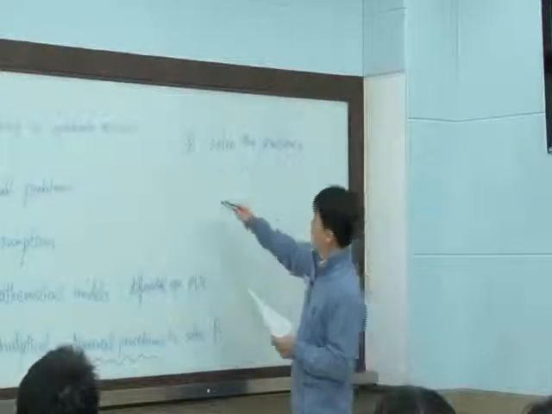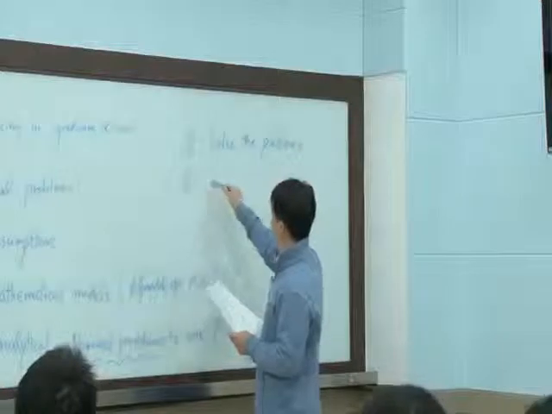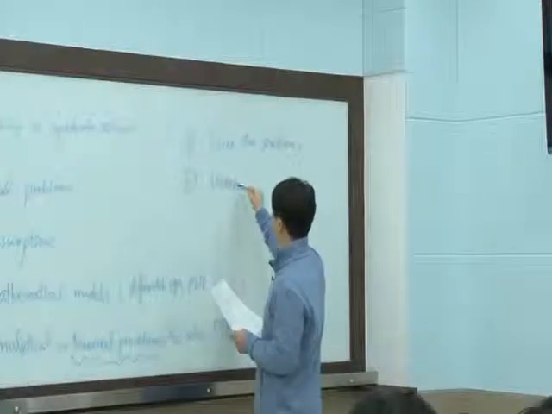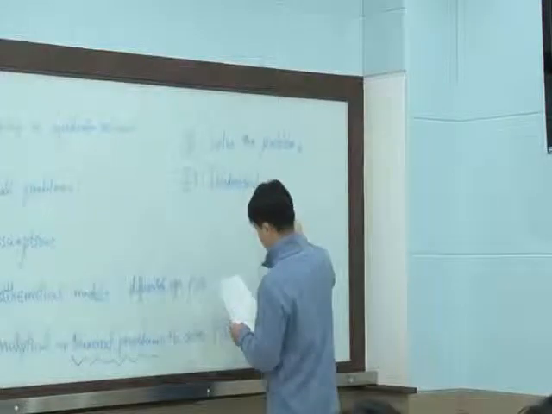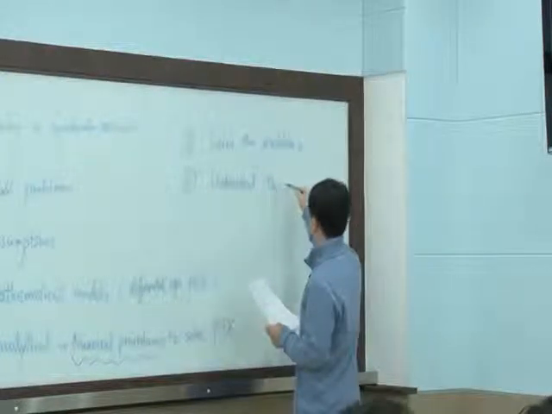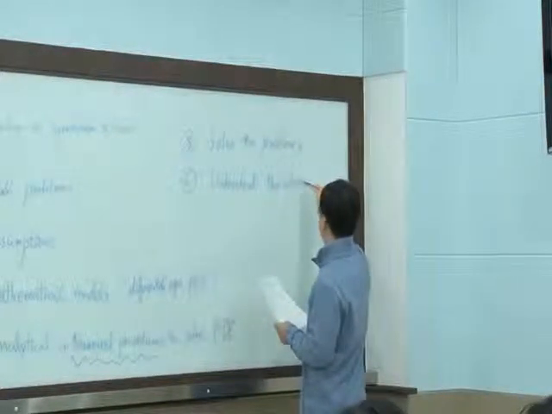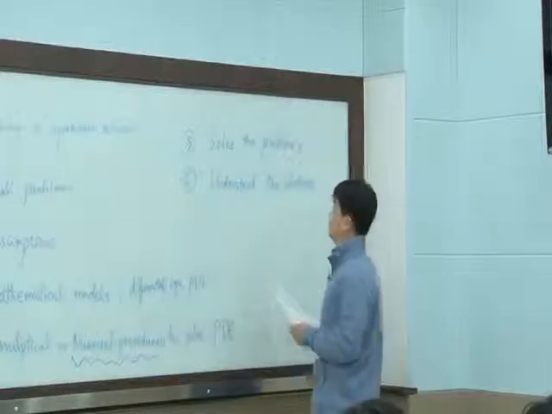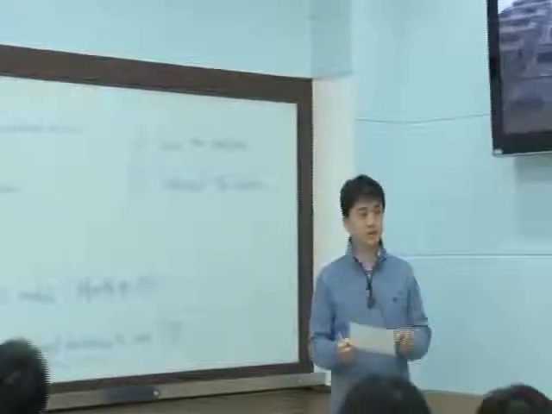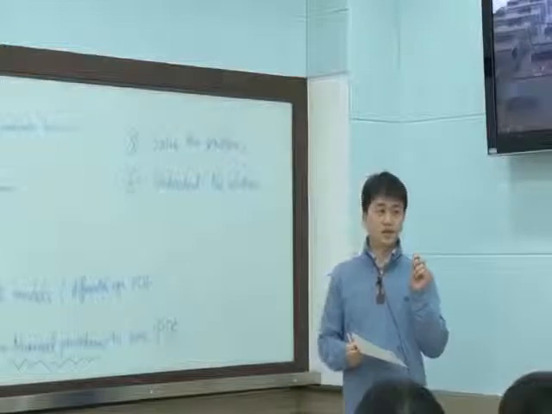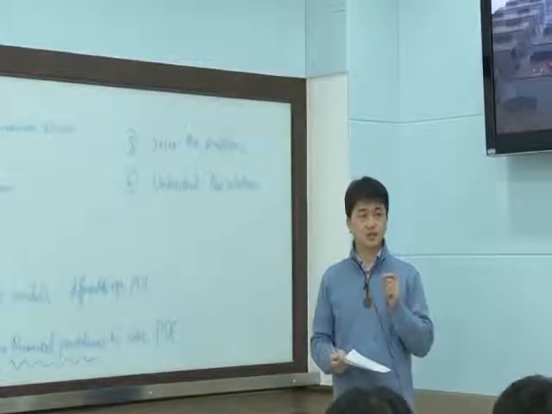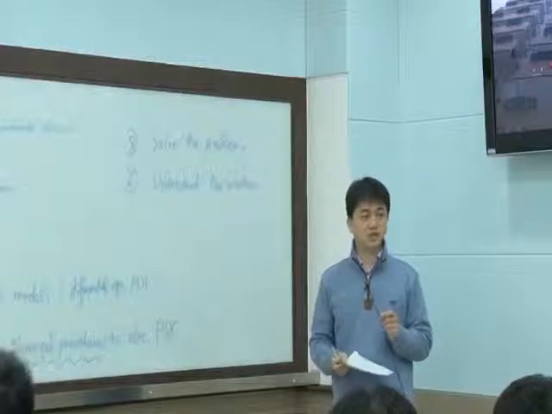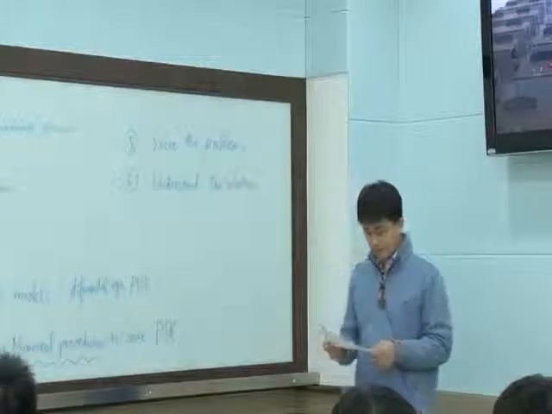No. The last procedure is you need to understand the solution. Okay. We need to check whether the problem is properly solved or not. This is a very important procedure. Okay?